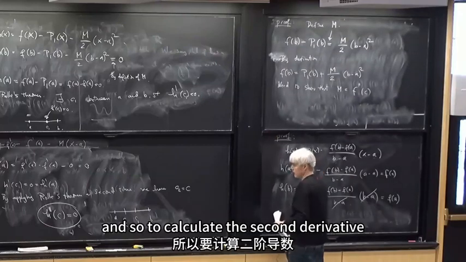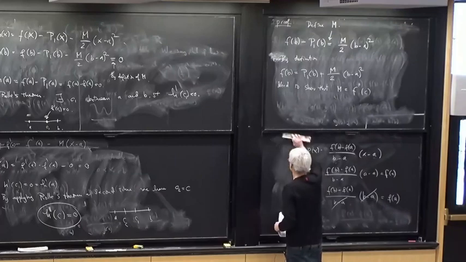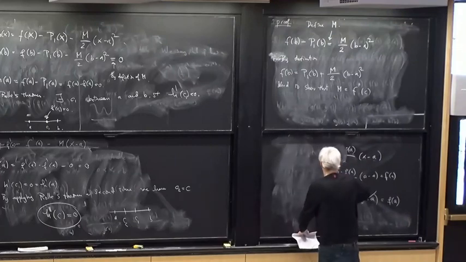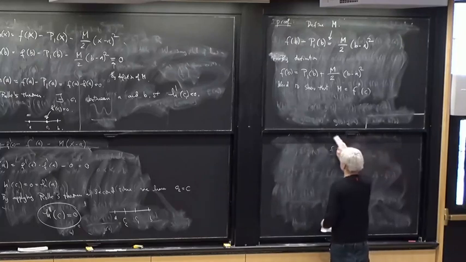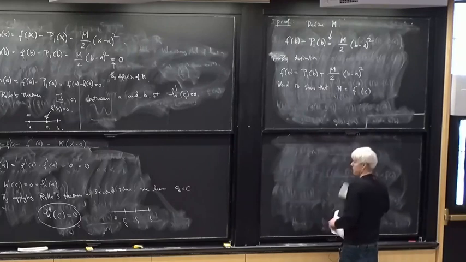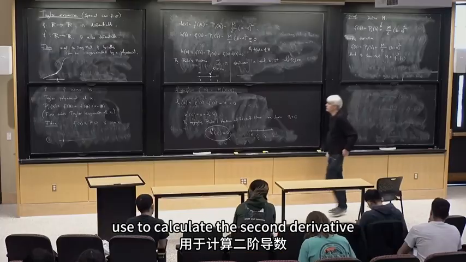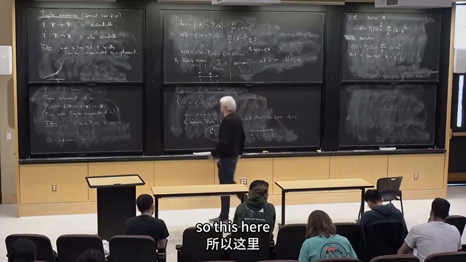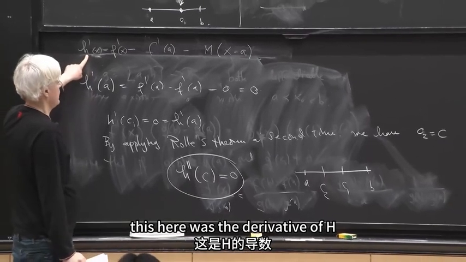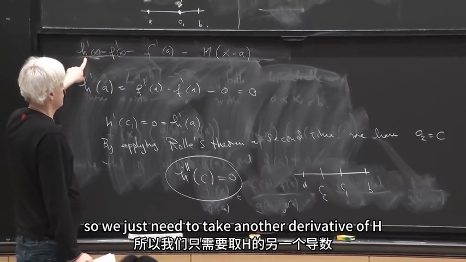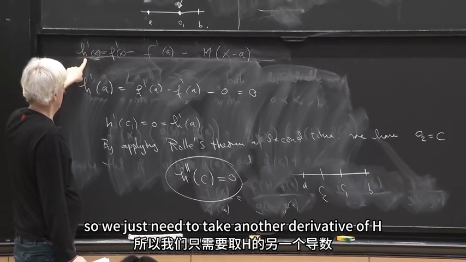And so to calculate the second derivative, so this here was the derivative of h. So we just need to take another derivative of h.